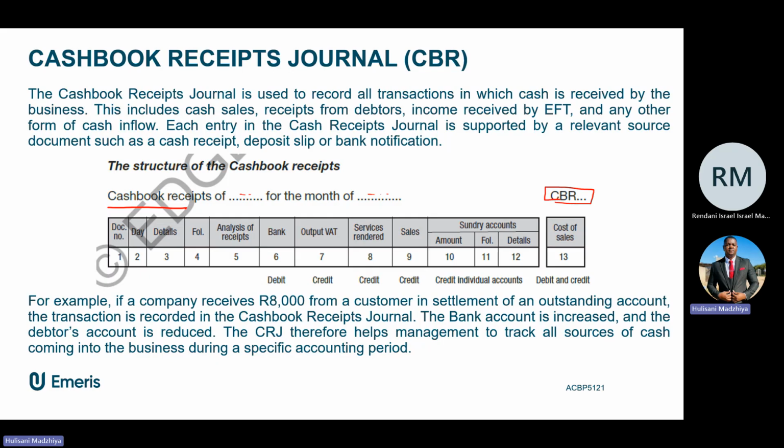And it will only record transactions of June. When June finishes, we close the book and take the totals of the columns and post them to those accounts. For example, we have bank here. So I total the bank column and post it to the bank ledger account. I total output VAT and post it to the output VAT ledger account.